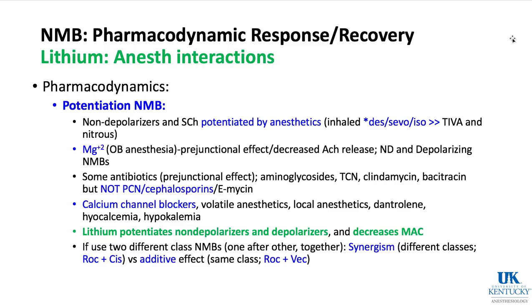Other things that potentiate neuromuscular blockade are inhaled anesthetics, DES, SEVO, and ISO. They are much more potent potentiators of neuromuscular blockade than our intravenous anesthetics, nitrous, opioids. Magnesium, we've already talked about, has a pre-junctional effect, decreasing acetylcholine release, and does potentiate non-depolarizers and depolarizers.